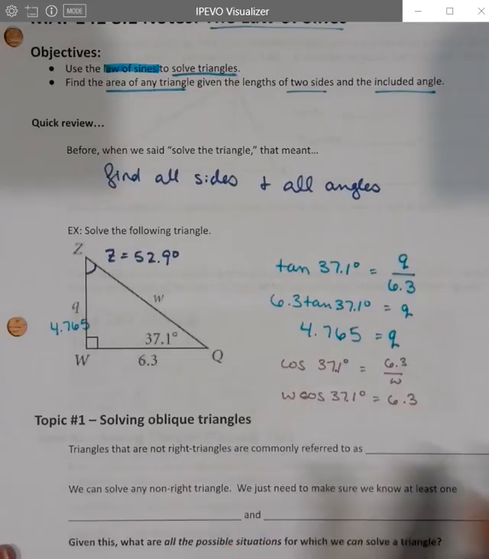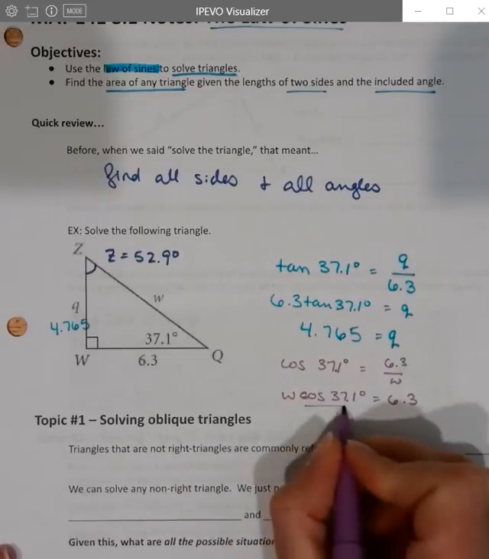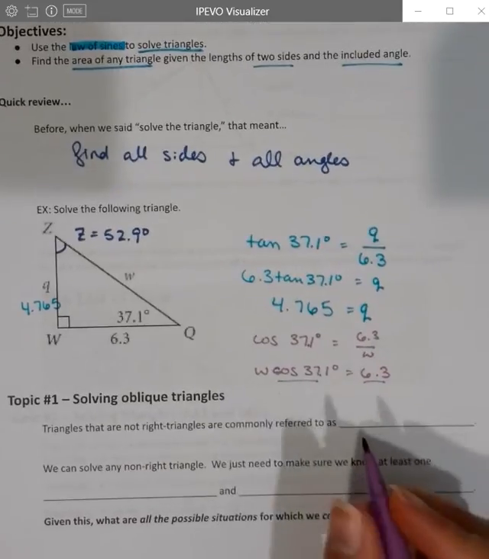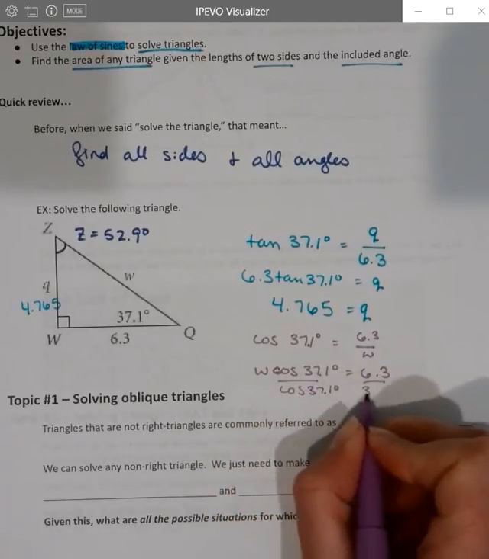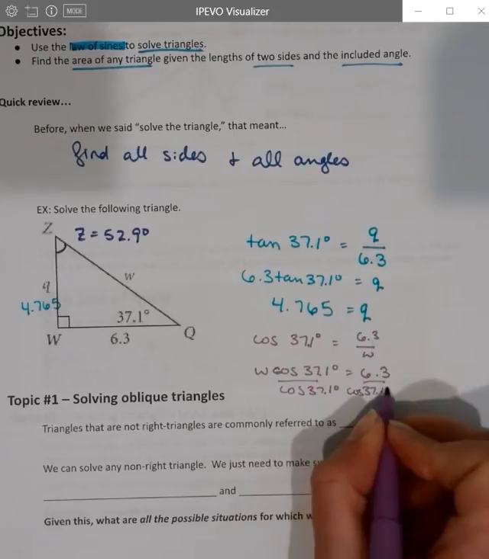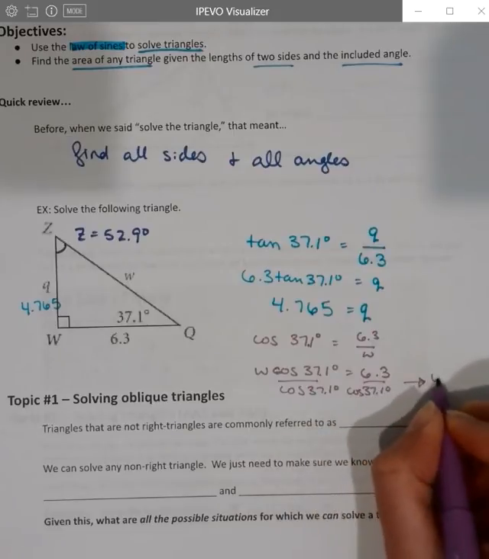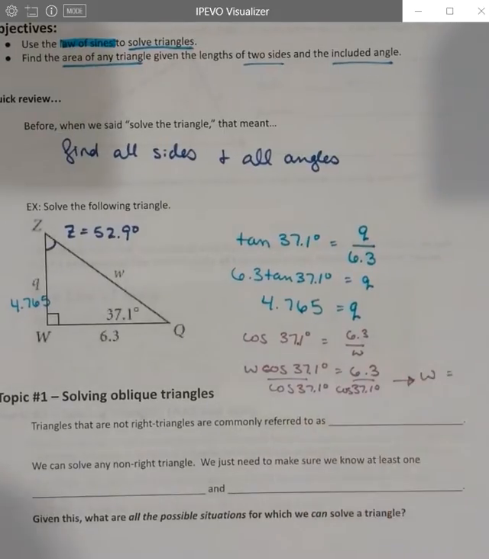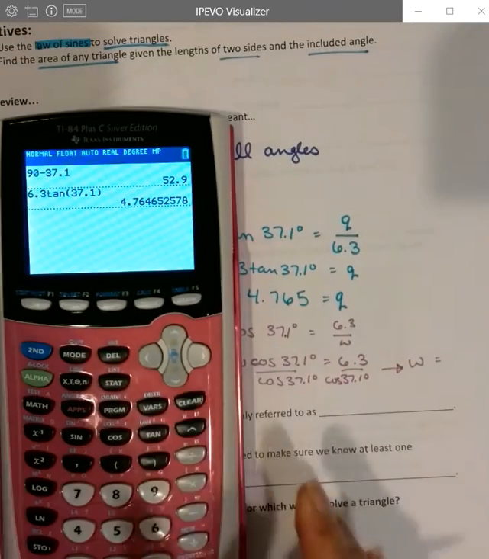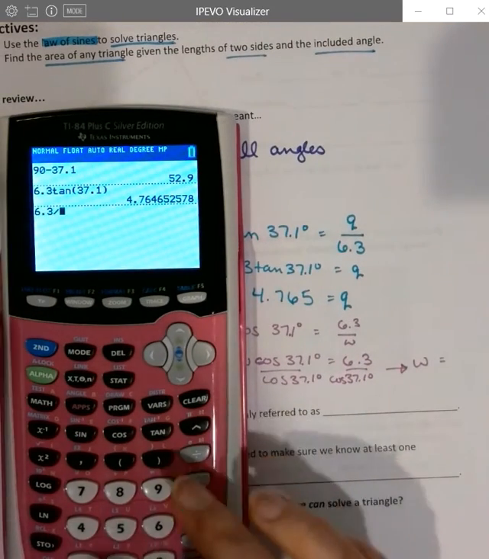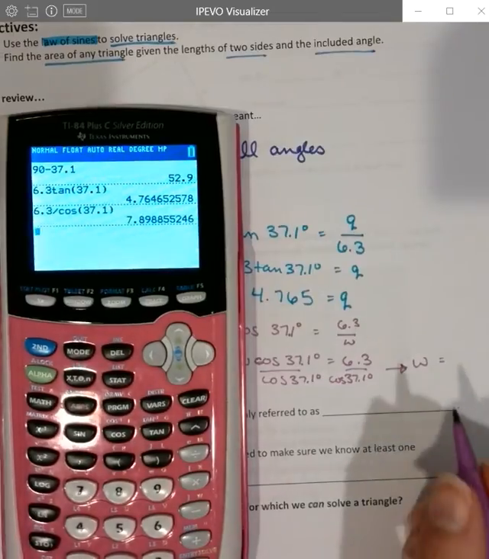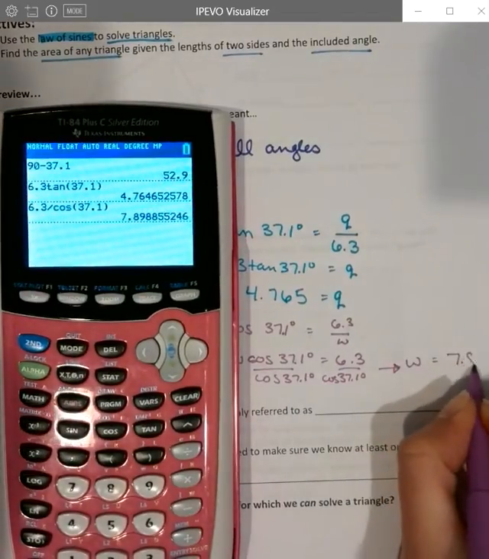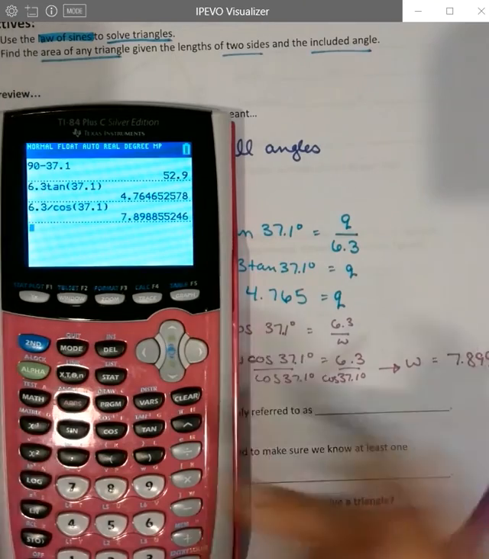This time I need to solve for little w, so I'm going to divide off the cosine of 37.1 degrees, giving us little w equals 6.3 divided by the cosine of 37.1 degrees, which is 7.899.